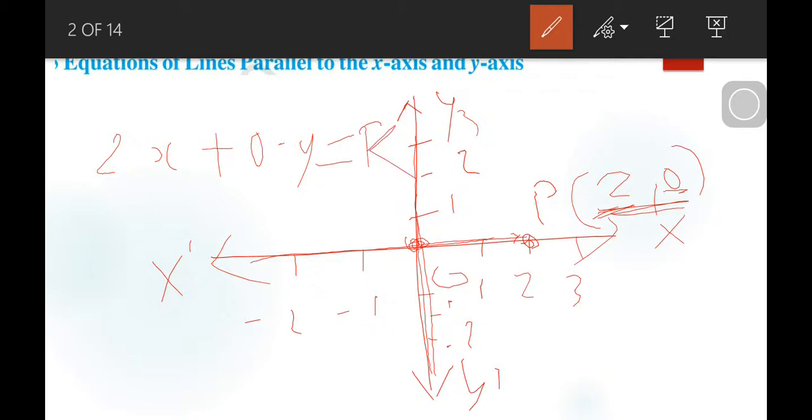For this type of line, whenever we put a point, the y coordinate is always 0.